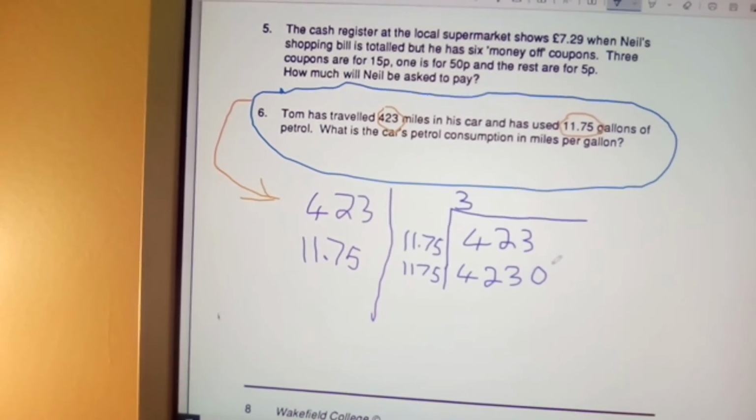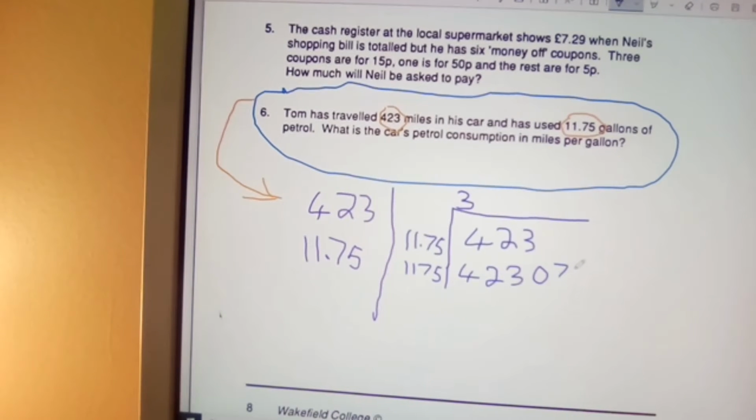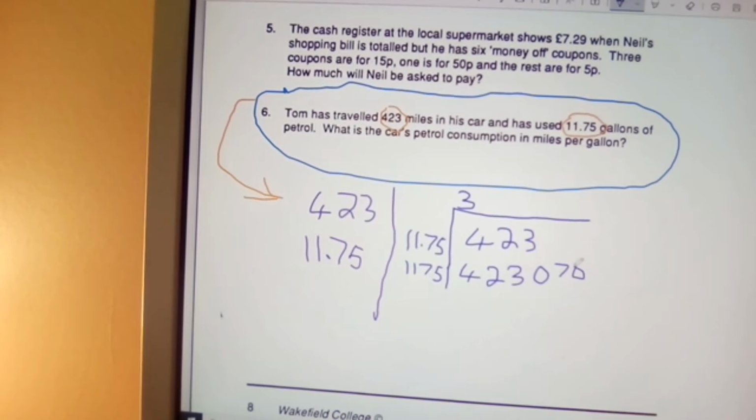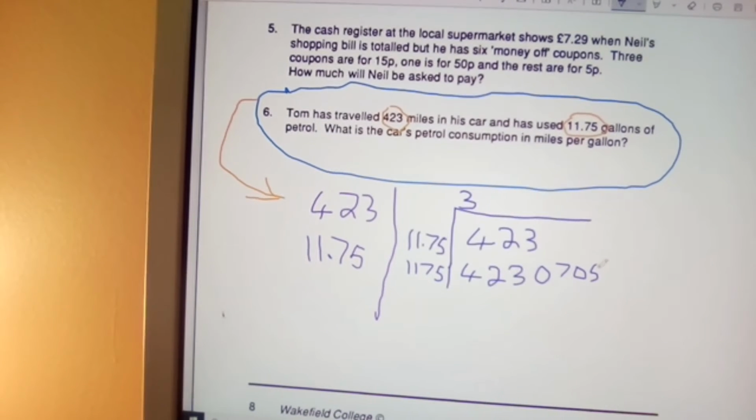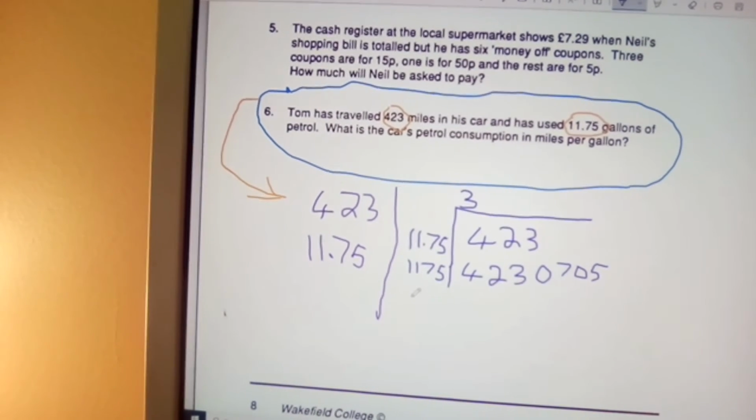So I'm going to put my 705 here. 1,175 into 705 can't go, so I add a 0.